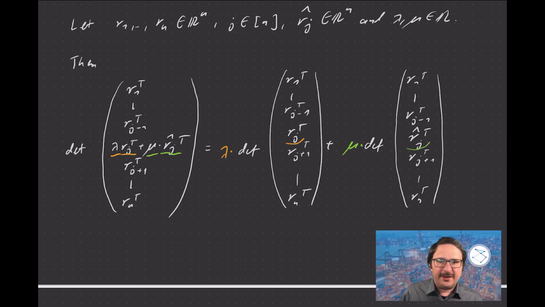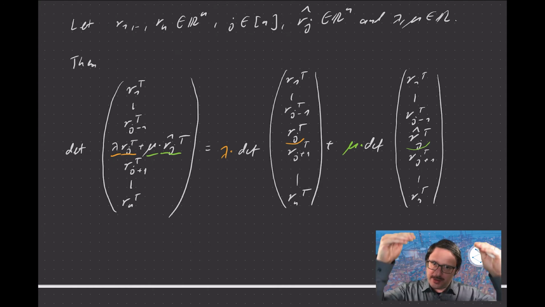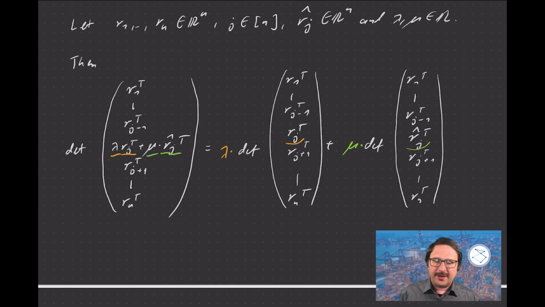Right, so basically we can expand that linear combination of one row into two matrices by just copying all the other rows. And then the determinant of that original matrix is equal to the weighted sum of those determinants of the new matrices. Looks a little complicated. As I said, we won't need it very often, but basically that's just a generalization of the other two properties.